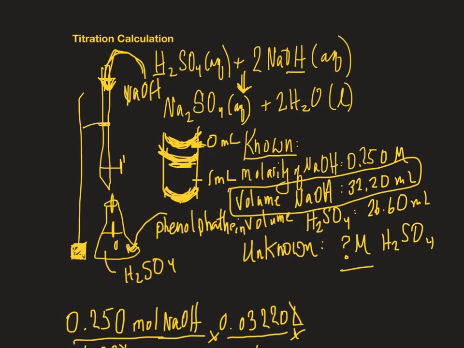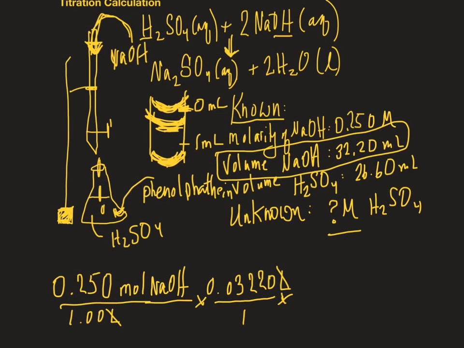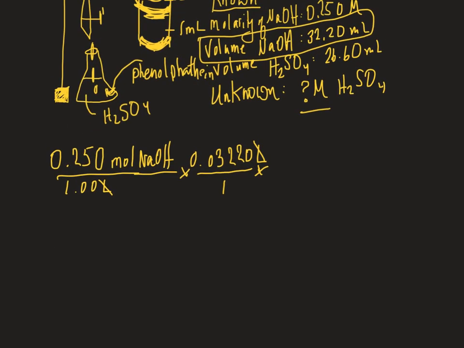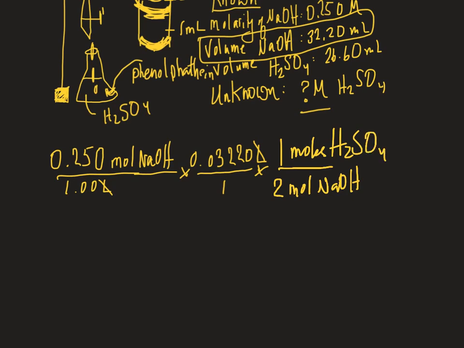So if I added however many moles of base, this 2 in front of the NaOH tells me that for every 2 moles of NaOH, I must have reacted away 1 mole of H2SO4, because it takes 2 moles of base to react away the 1 mole of acid.